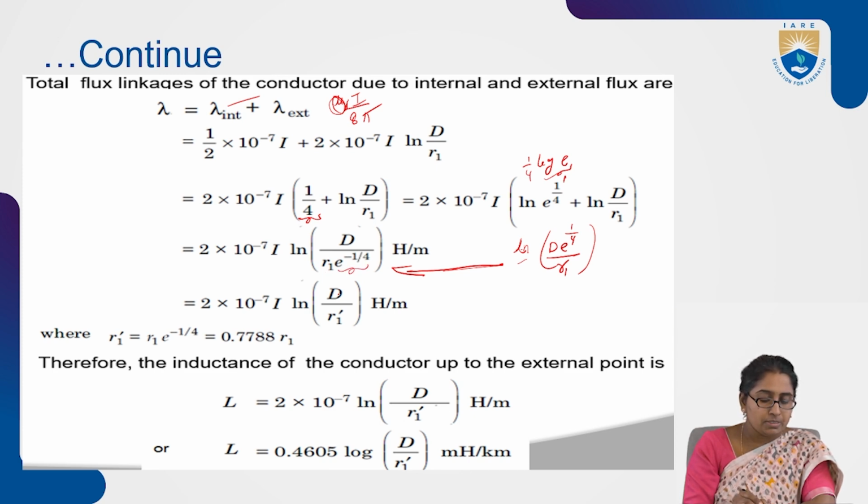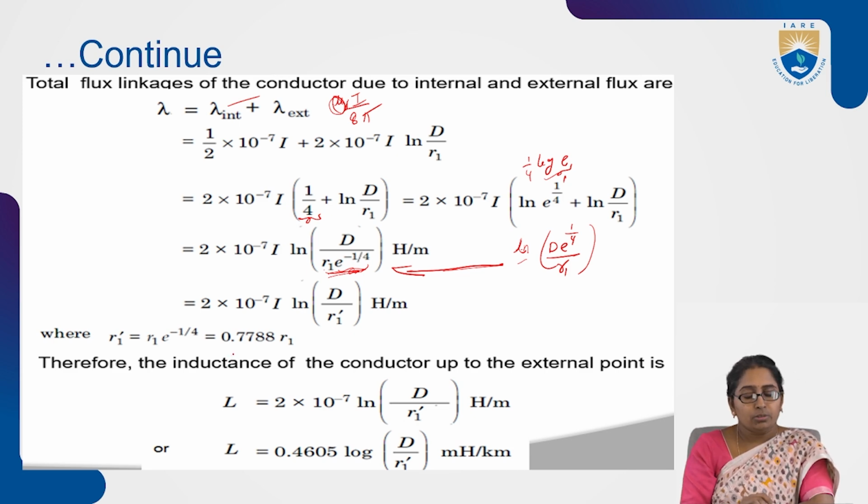Whose value is calculated: e power minus 1 by 4 is 0.7788 r1. So finally this whole term is considered as r dash, or r1 dash. This is the expression for the total flux linkages: 2 into 10 power minus 7 into log of capital D by r dash, where r dash is equal to 0.7788 into r.